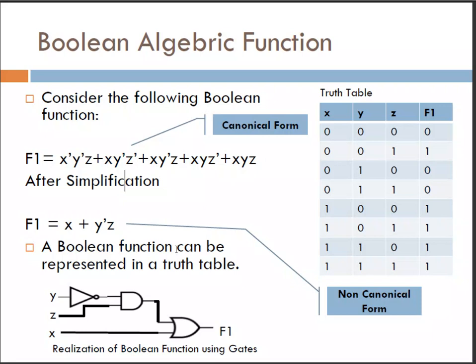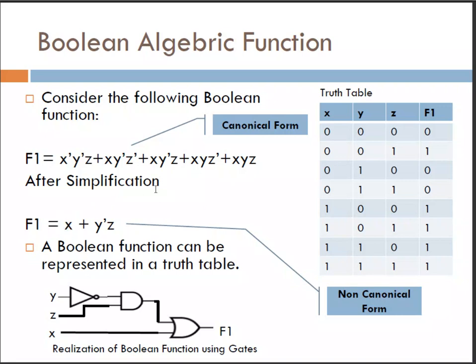A Boolean function can be represented in a truth table as we did here, but this simplified one is called non-canonical form. Why? Because each term is not made with all variables. You see that here you have only 2 and here you have 1.